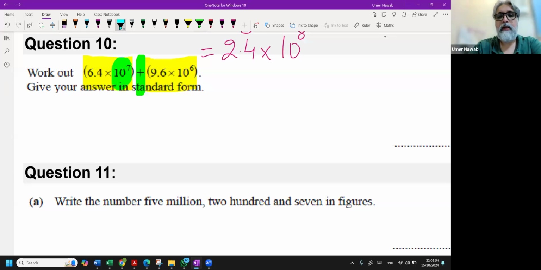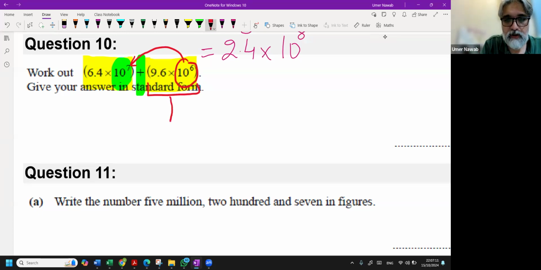Wow. Can I make the smallest power equal to the biggest power? Yes, I can. I can raise the power by pushing the decimal to the left. Now this number will get a new form by displacing the decimal and moving it to the left by 1 unit.